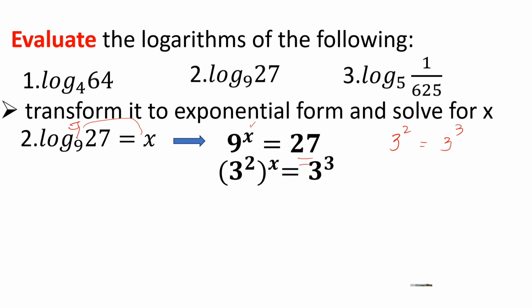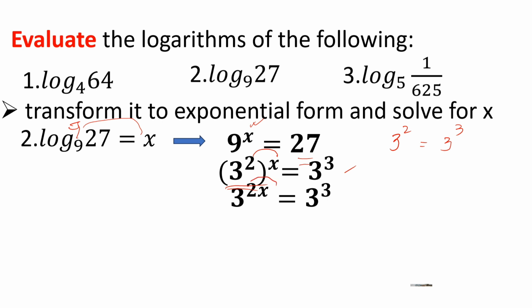So what will be the next step? The 9 can be expressed as 3 squared, and since there is an x there, we write it this way. Then 27 will be 3 cubed. The 2 will be multiplied to x, so this becomes 3 to the 2x is equal to 3 cubed.